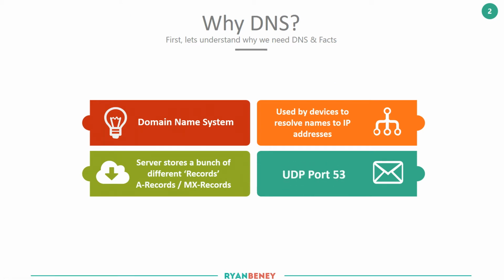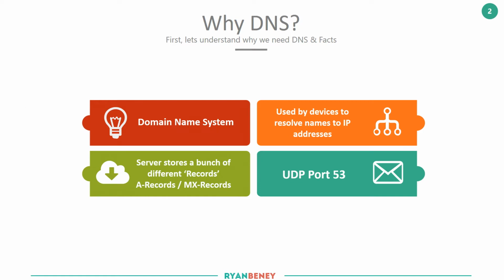And lastly, as far as the CCENT is concerned, most, if not all of the communication you'll see is on UDP port 53. Now there is communication on TCP port 53, but for now, if it comes up as a question, we need to be remembering UDP port 53.